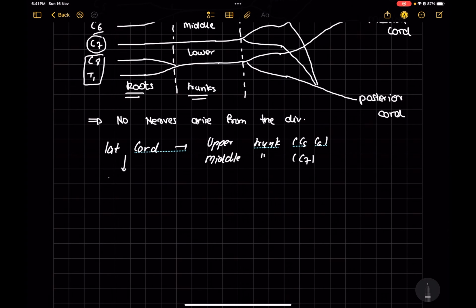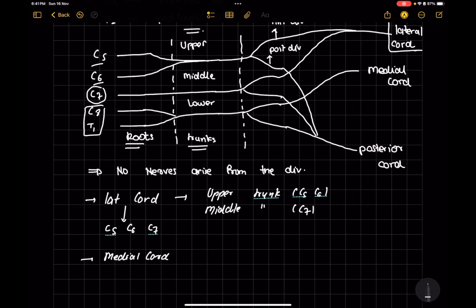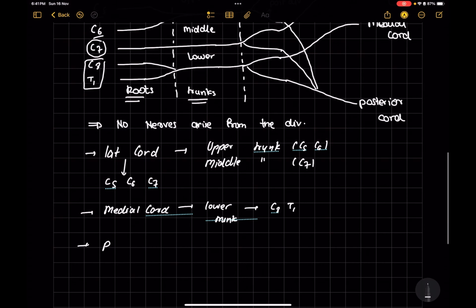Okay, similarly for the medial cord, you see, medial cord comes from lower trunk. Okay, then what would be its root value? Its root value would be C8 and T1. Okay, you see, posterior cord. From where does posterior cord arise?